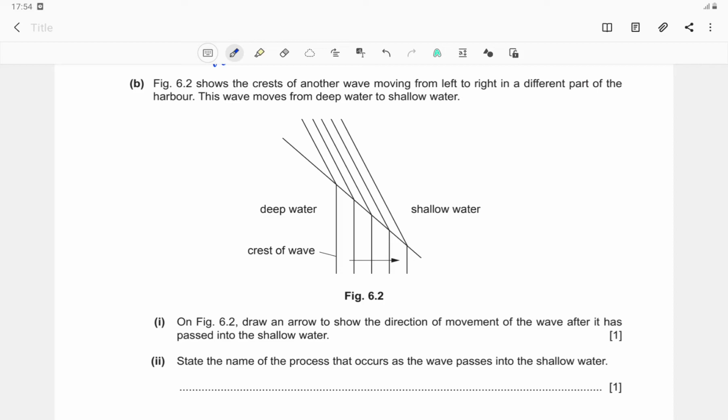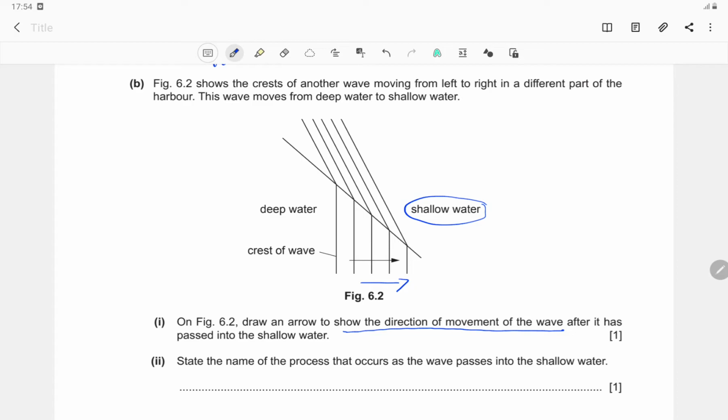So here you can see the initial movement of water is again from left to right, but when it enters the shallow water, its direction changes. Now you need to draw an arrow to show the direction of the movement of the wave after it has passed into the shallow water.